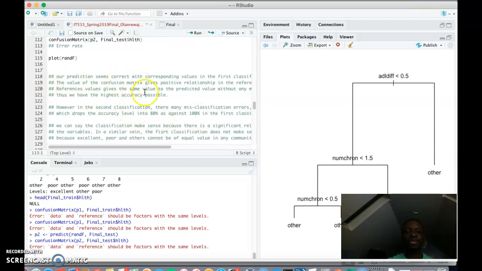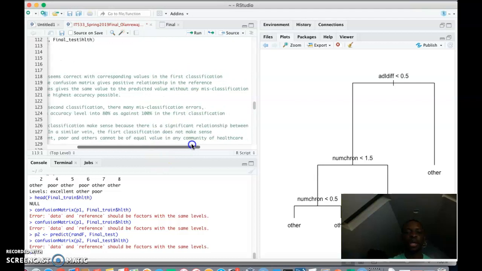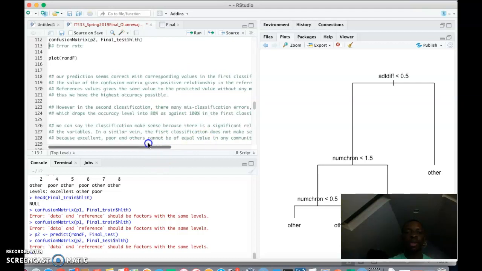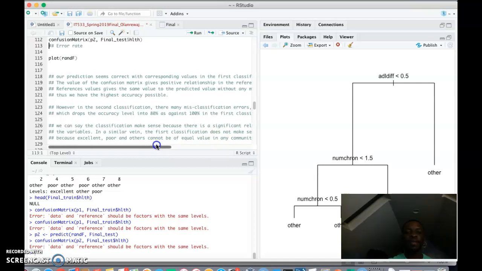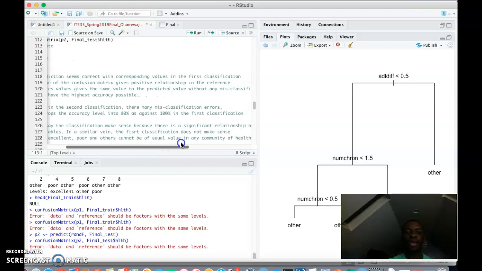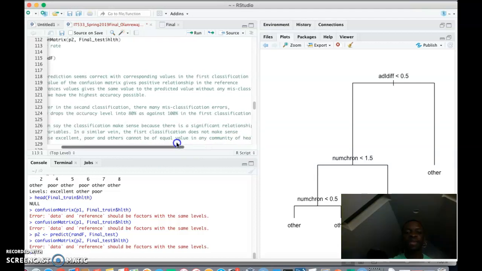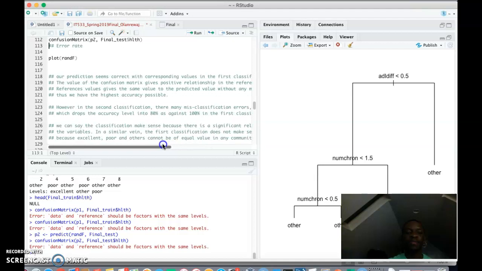Our prediction seems correct with corresponding value in the first classification. The value of the confusion matrix gives positive relationship in the reference values, giving the same value as the predicted value without any misclassification in the first confusion matrix.